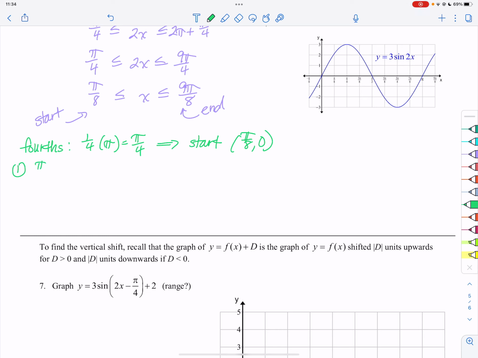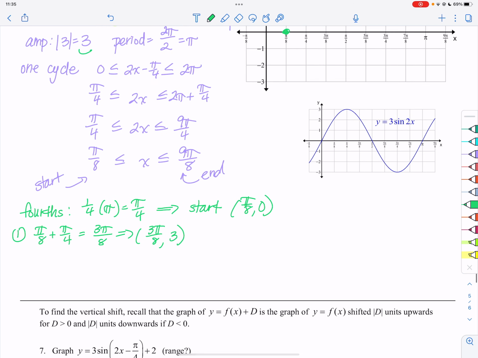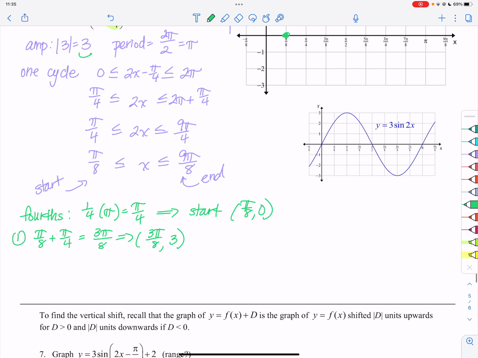We're going to have pi over 8, and we're going to start adding a fourth to each one of these places. So this is going to be 3 pi over 8. And this gives us our first point, 3 pi over 8, 3. And keep in mind that amplitude is 3, okay?